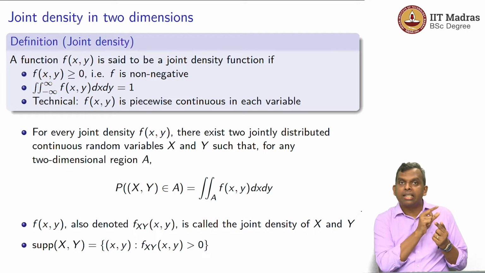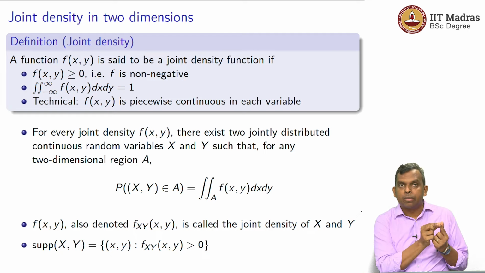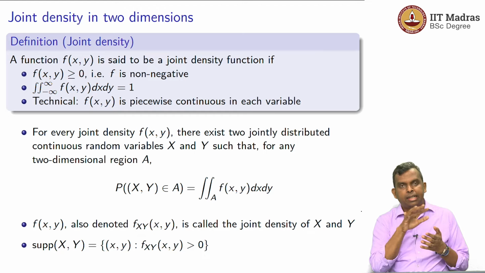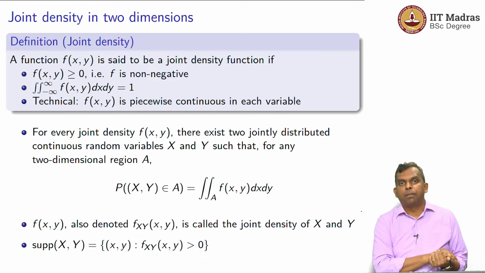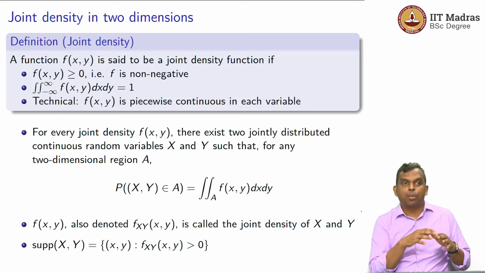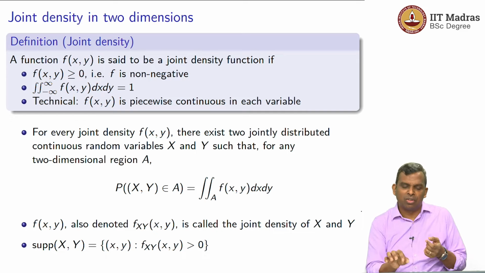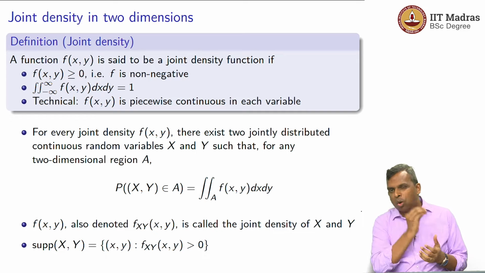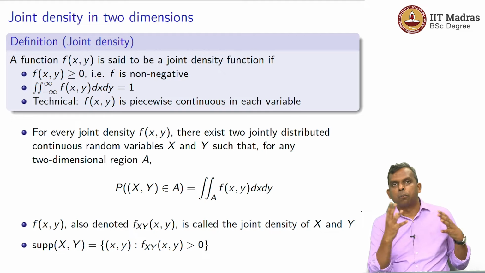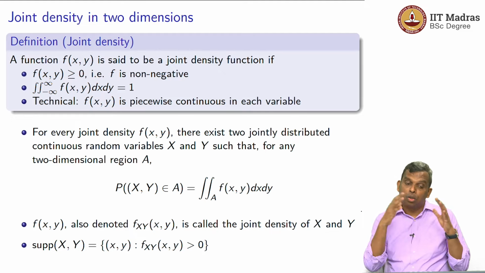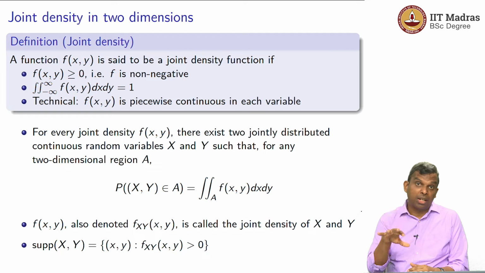You simply integrate the density over that interval. Same thing you do here. You integrate the density over the region, you get the probability. That's why it's the density. It's like the probability per unit area. This f of x, y is like that, per small little area. So you integrate it over the area, you get your actual probability. That's why it's called the probability density.